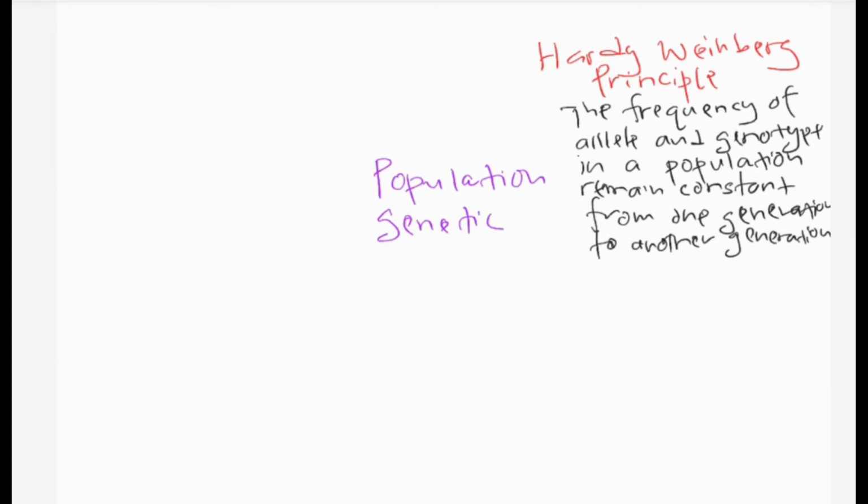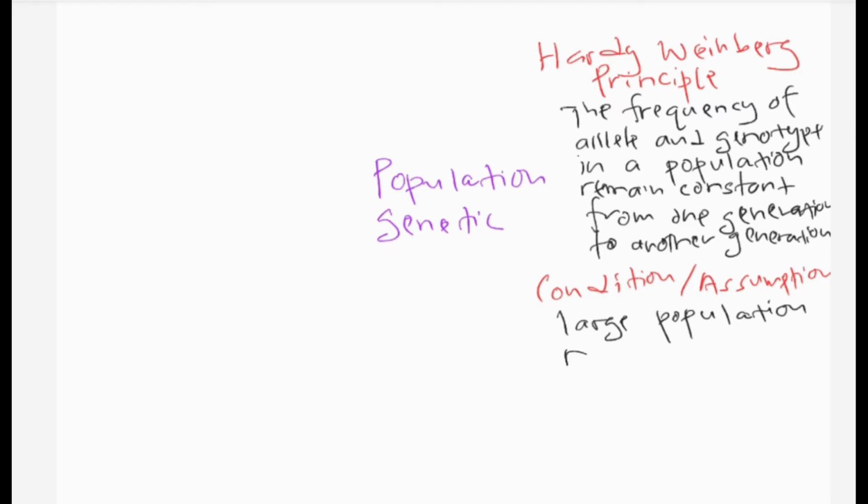Now, the second one: in order for Hardy-Weinberg's principle to be applied, the population must obey certain conditions, or exceptions. The first one, the population must be a large population. The second one, the population must have random mating.